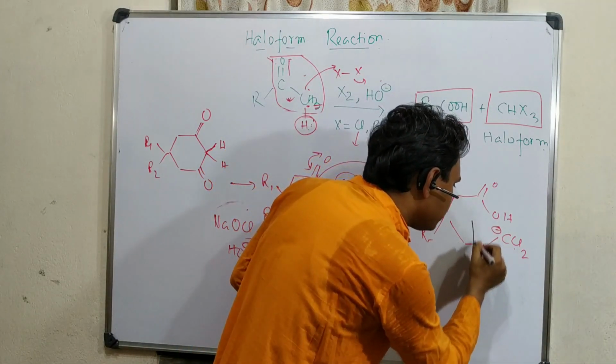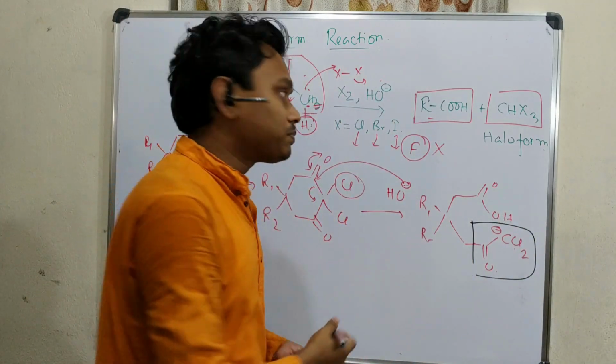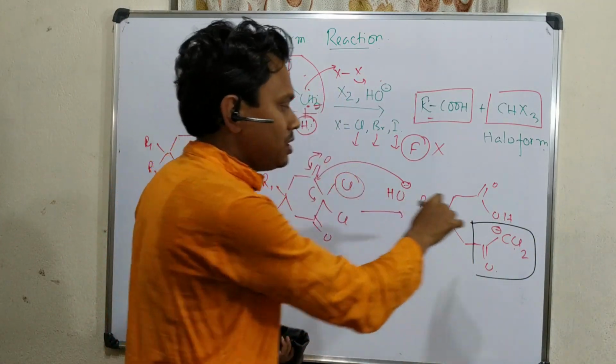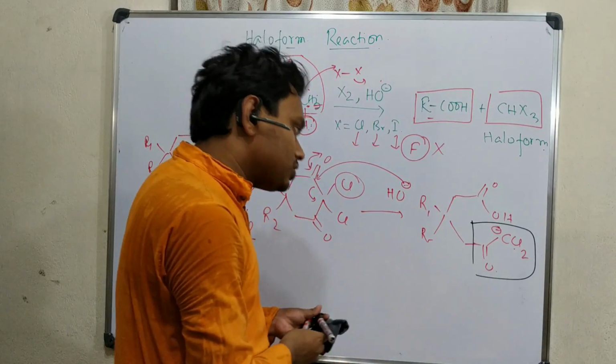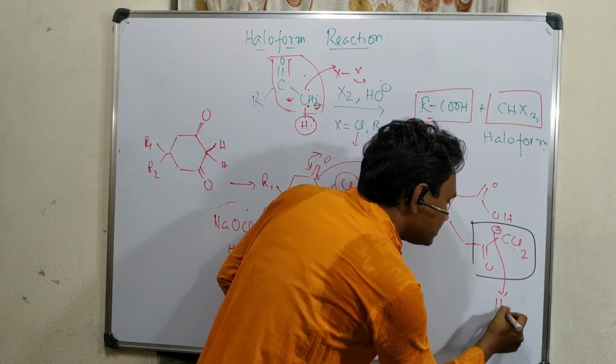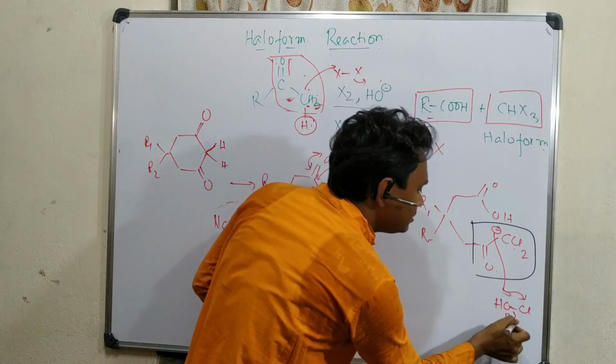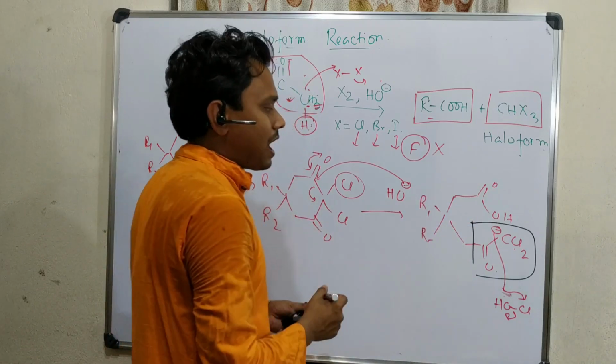For example, you can consider this CCl2 minus is an intermediate produced after dihalogenation. So another halogenation is possible, and actually this happens. This attacks the hypohalite, and in this way trihalogenation occurs.